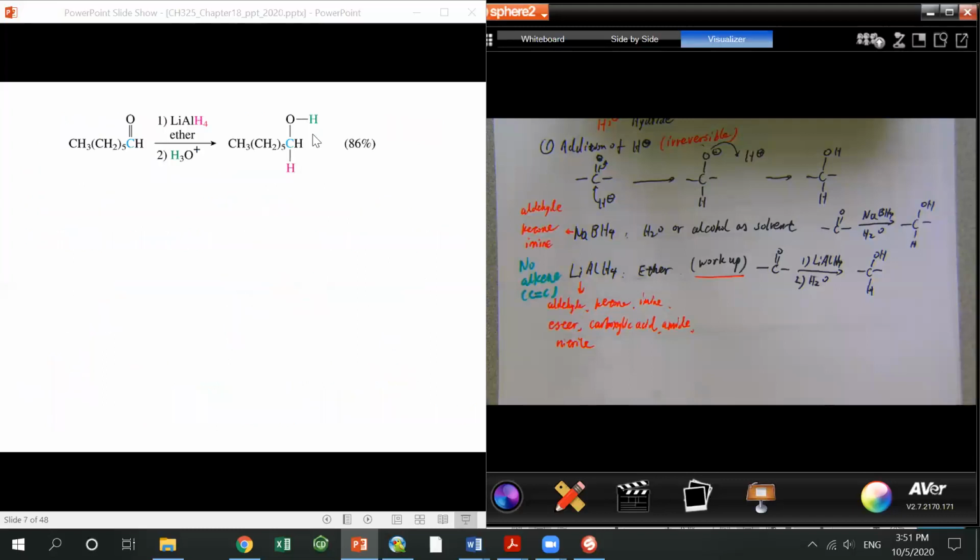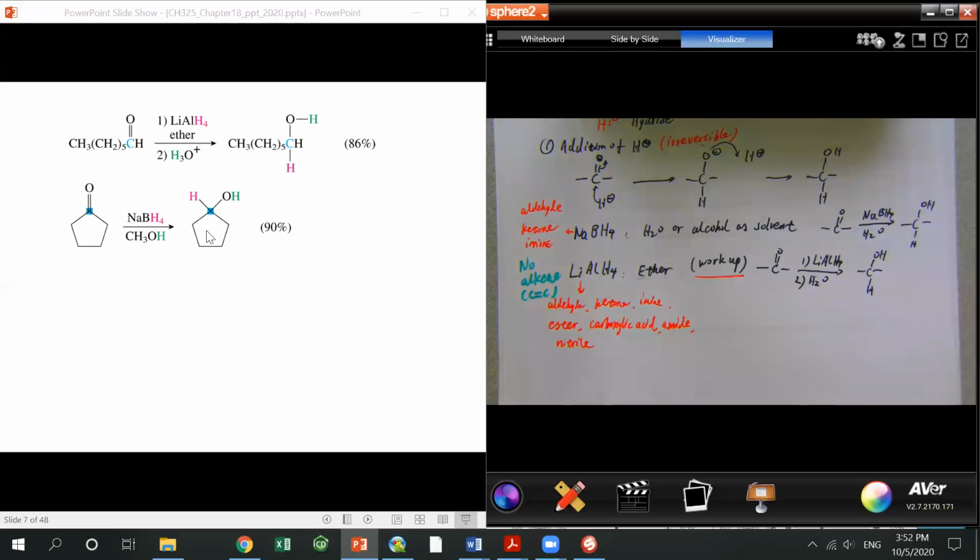Here are some examples. First, we use lithium aluminum hydride to reduce an aldehyde. You can see two steps: the first step is lithium aluminum hydride in an inert solvent, and the second step is an acid workup. The second reaction uses sodium borohydride to reduce this ketone in alcohol.